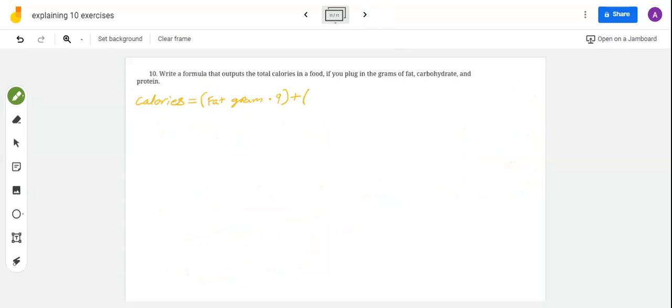Technically, you're supposed to put parentheses when you have multiplication and you're adding the different multiplications together, but whatever. Carb, I'm going to put a little dot there because I don't want to write out carbohydrates, because I'm going to run out of room real quick if I do that.